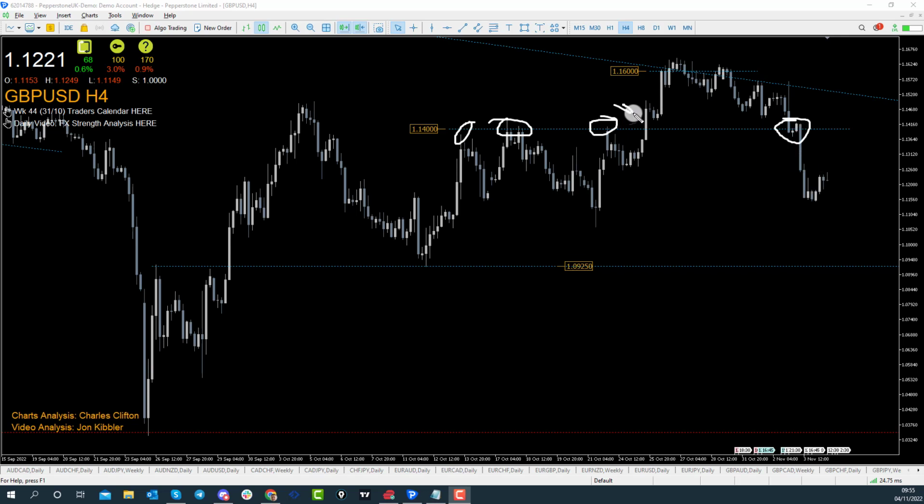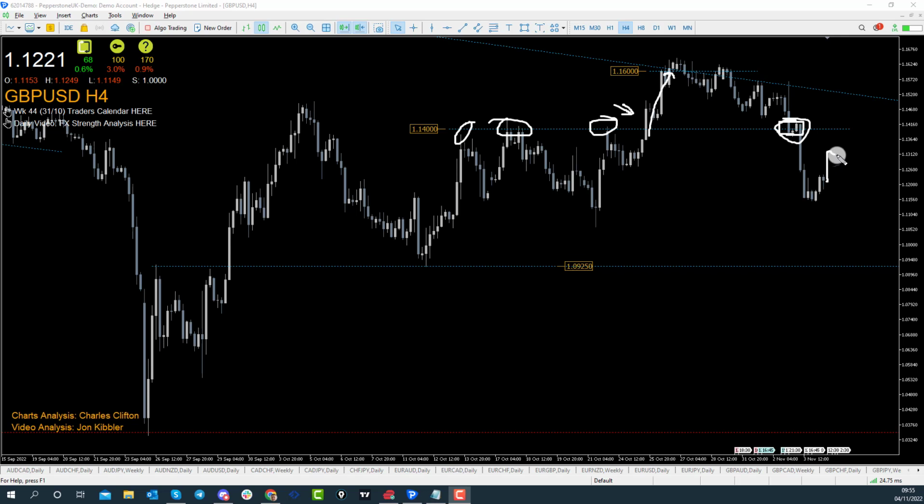So we had a breach here, price rallied to the 1.16 handle, we consolidated, we've traded lower. As price was aggressively moving lower, we paused at the 1.14 before seeing a breakout. So this 1.14 level to me is fairly important for price.